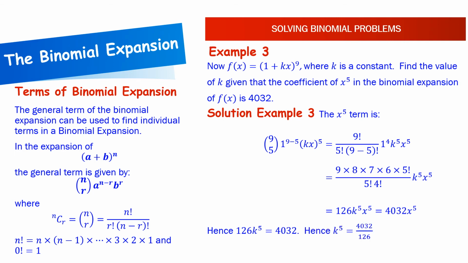And so rearranging gives us k to the power 5 is 4032 divided by 126, which is equal to 32. Therefore, fifth rooting this gives us that k is equal to 2.